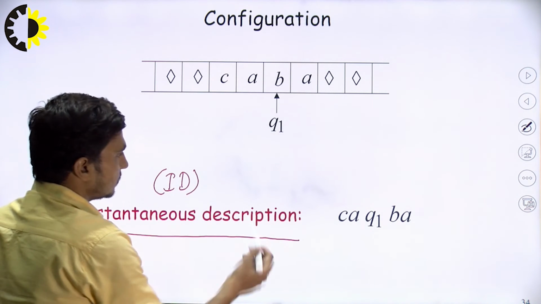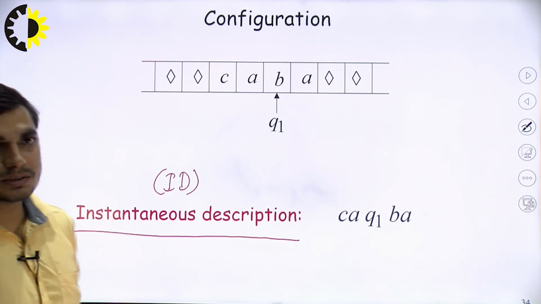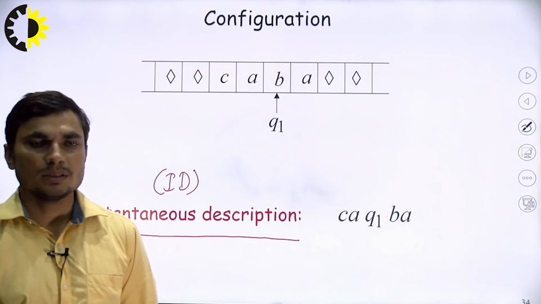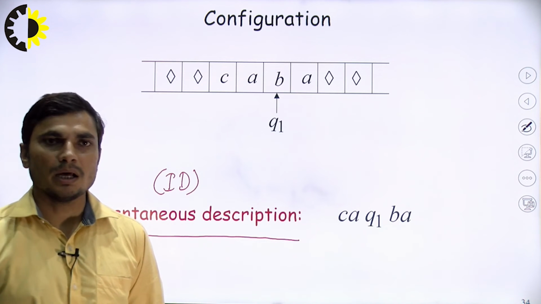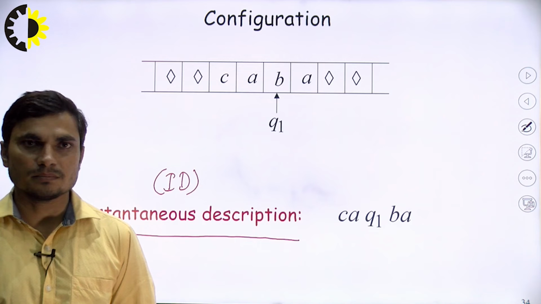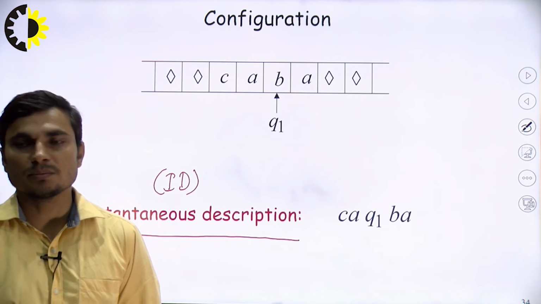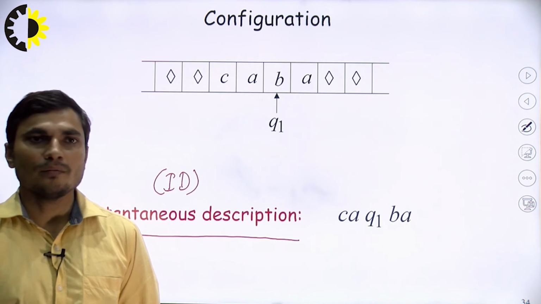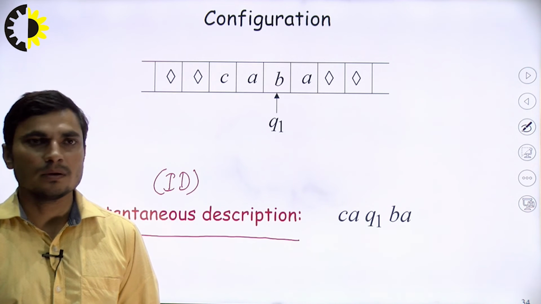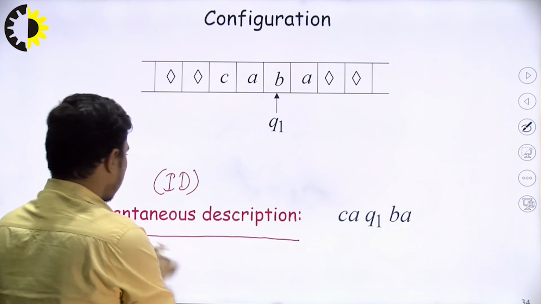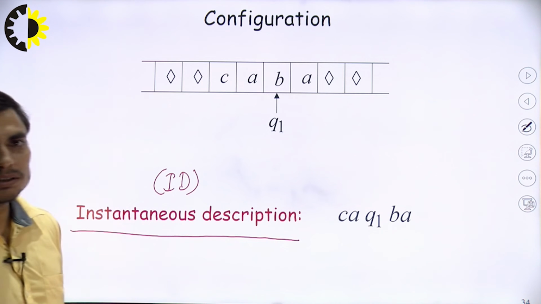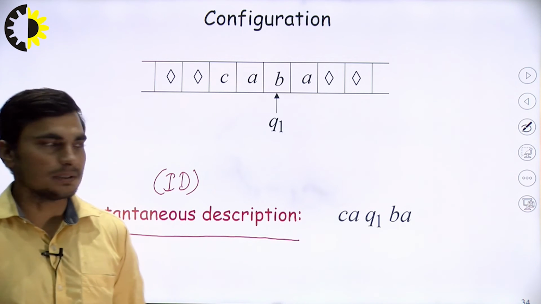If a machine is in a certain state, at that point of time there must be certain input which the machine has already read, and there must be a certain input, or more specifically a substring, which is yet to be read. By combining all those three, we can describe the instantaneous description of a certain machine.